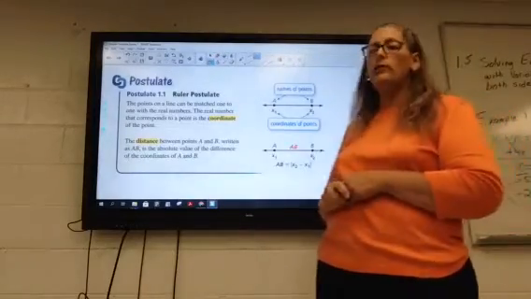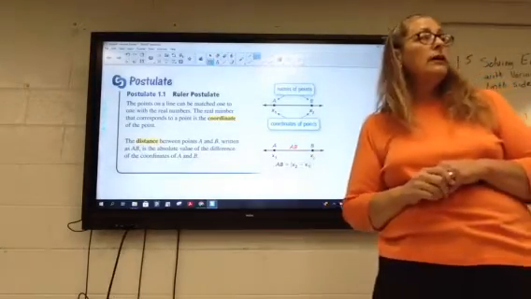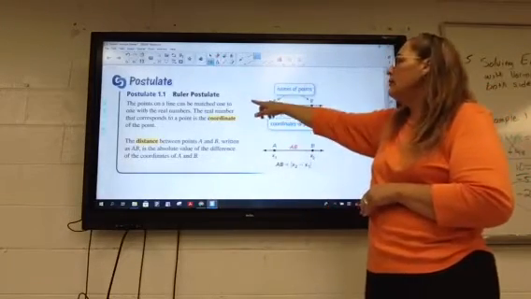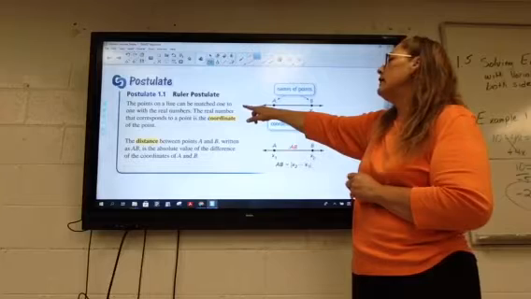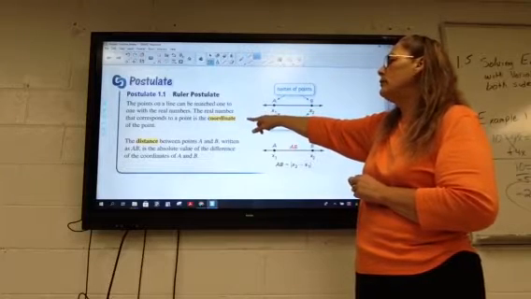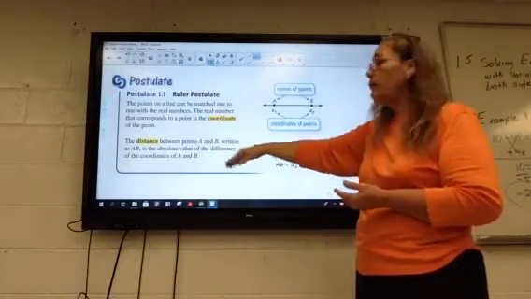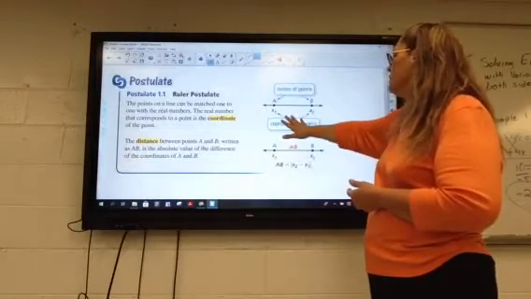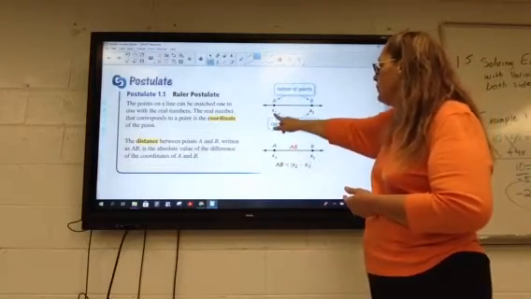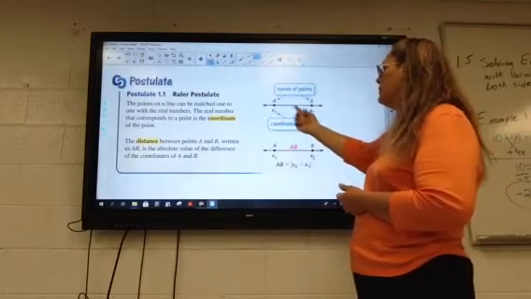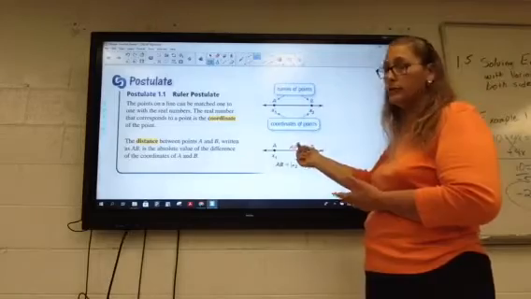Alright, so postulate 1.1. Do not learn the postulate numbers. Know what it says. The ruler postulate: the points on a line can be matched 1 to 1 with real numbers. The real number that corresponds to a point is the coordinate of the point. So if I put a ruler here, I can say number 1 is here and letter B is here. Right now I don't know what they are, so that's x1 and x2.